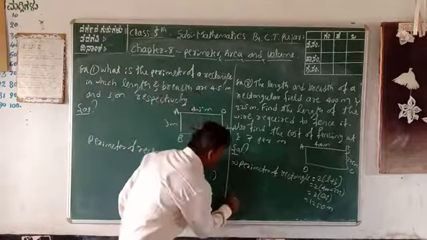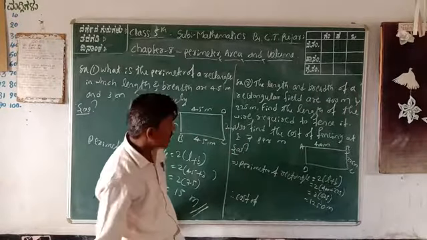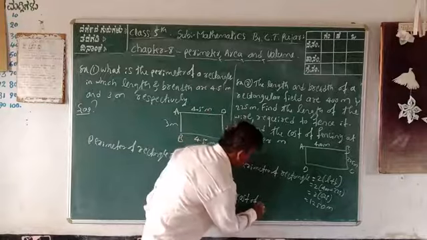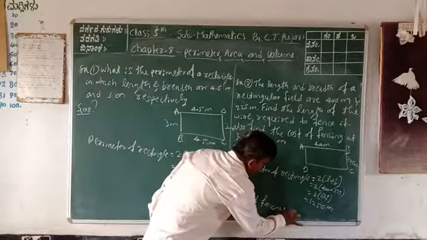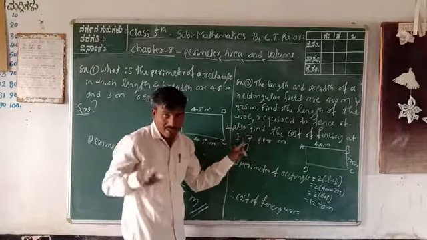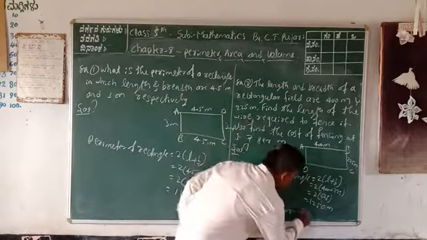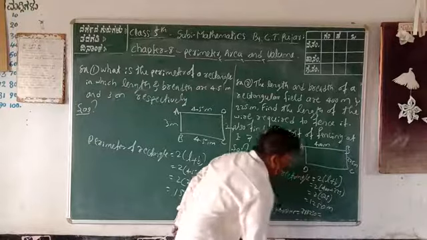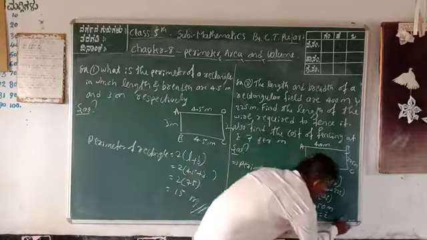Therefore, the cost of fencing wire: 1 meter is equal to 7 rupees, but the total is 1250 meters. So 7 into 1250 is equal to rupees. 7 times 0 is 0.